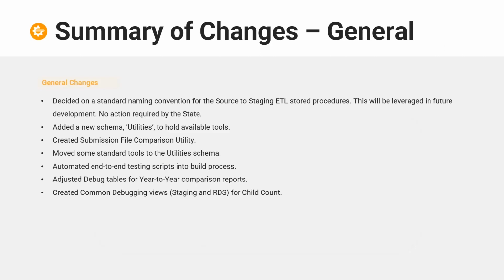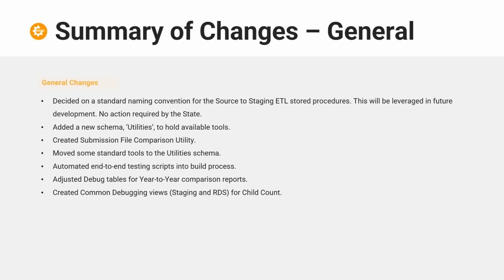Okay, so then the general changes, and this is where we're going to spend a little bit of time later in the presentation. The first one: we internally decided on a naming convention for the source to staging ETL because we're working on trying to make the migration process a little more streamlined, a little easier.